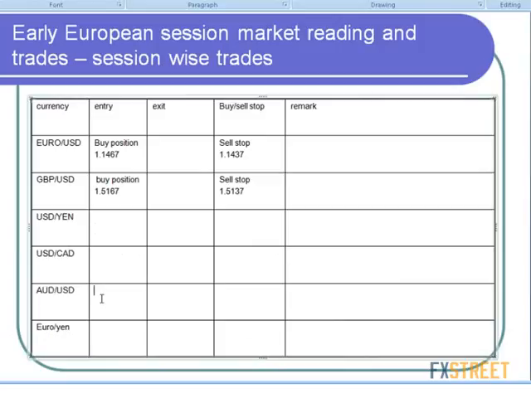Sorry, 0.78. With a 30 pips hedging order, sell stop.